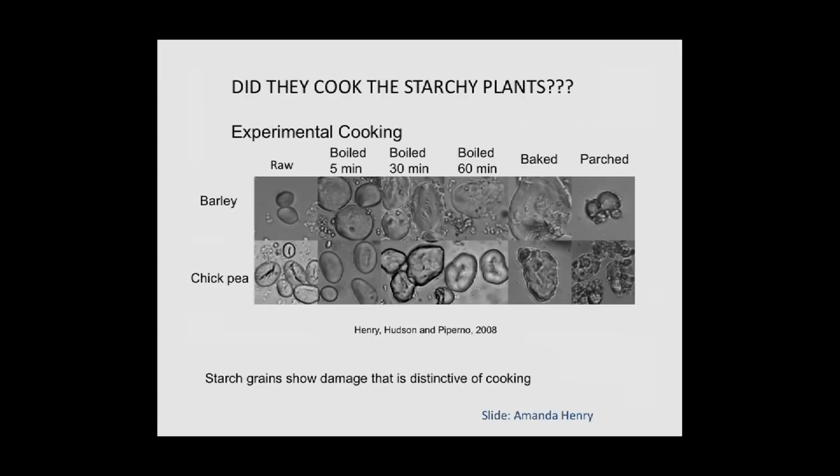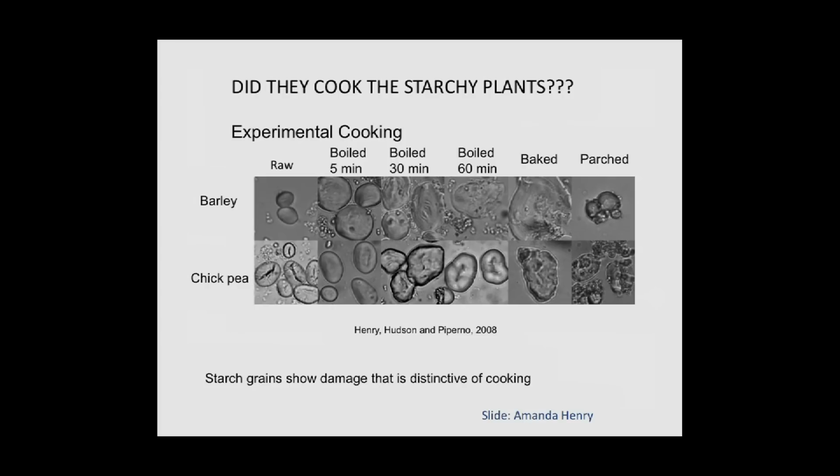Did they cook? The question is, how did they eat these starches? Were they eating them raw? And we've argued that these were some of Amanda's experiments with all kinds of starches, showing what happens to them if you boil them, bake them, or parch them.